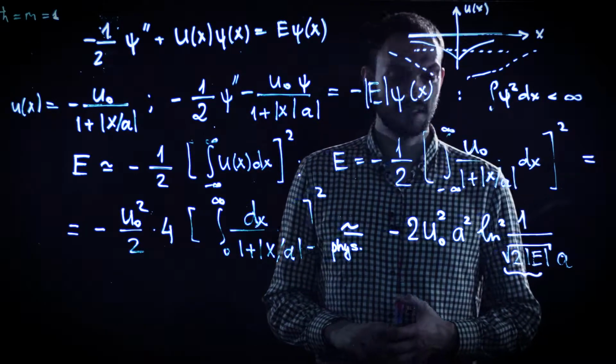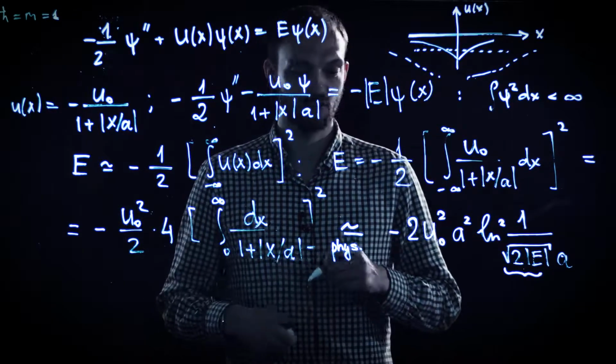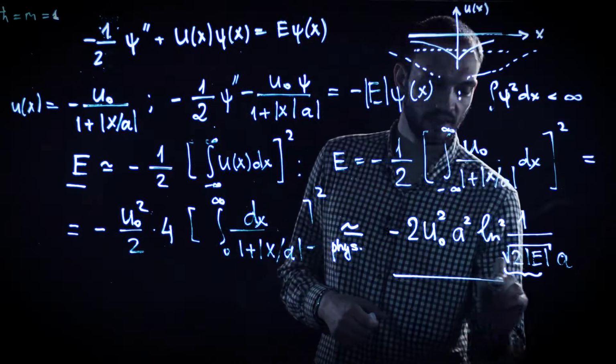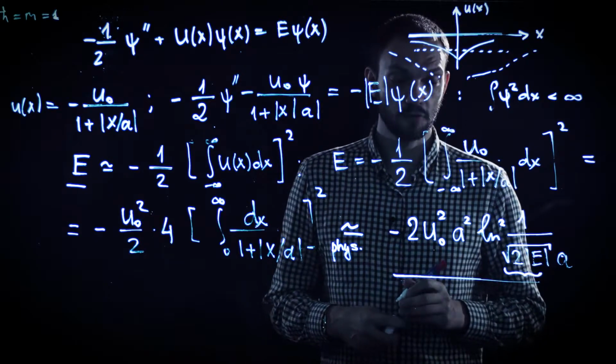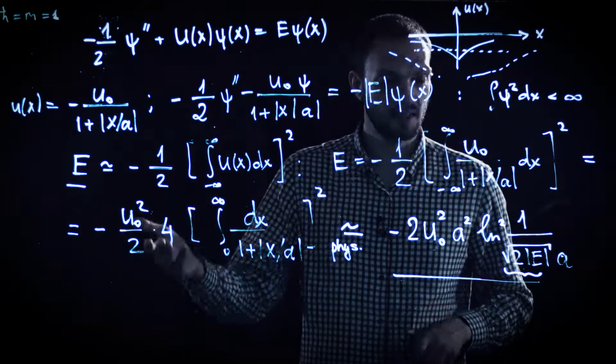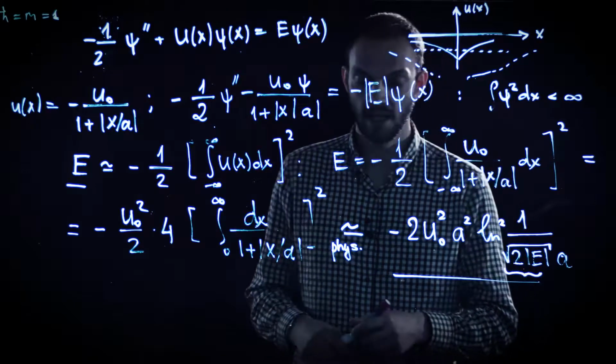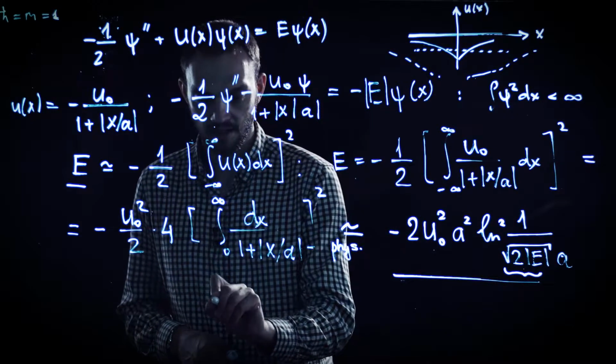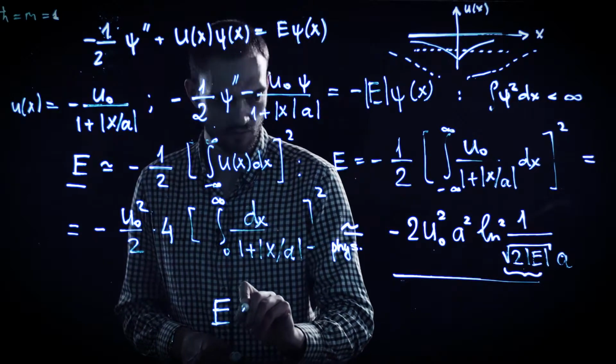But for now, let us see that we were somehow able to derive, note that we have energy which is both in the left-hand side and in the right-hand side of the same equation. Of course, this equation is transcendental and cannot be solved exactly, but in a certain limit, when the potential is small enough, the energy can be estimated as follows.